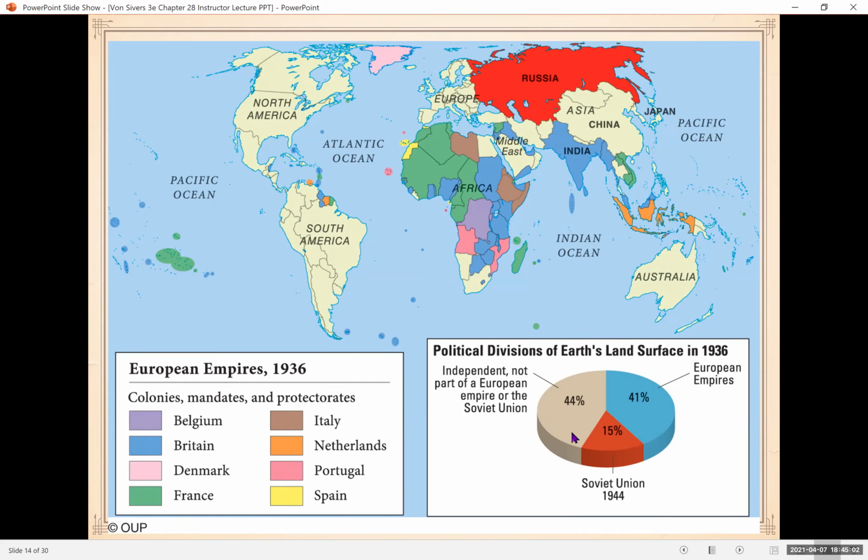And you can see the division of the landmass. The Soviet Union, or it was Russia, by 1936 will be the Soviet Union. They will, in fact, have a considerable empire on their hands, but not colonies.